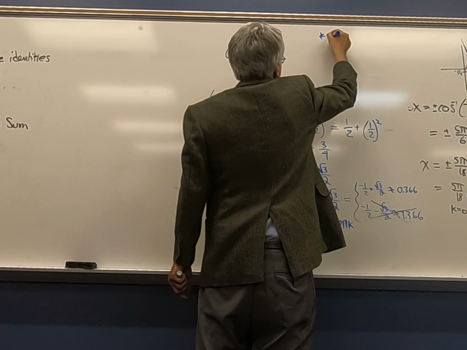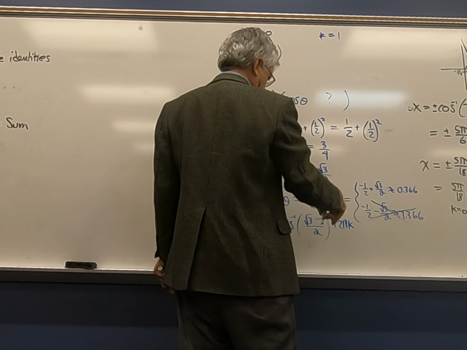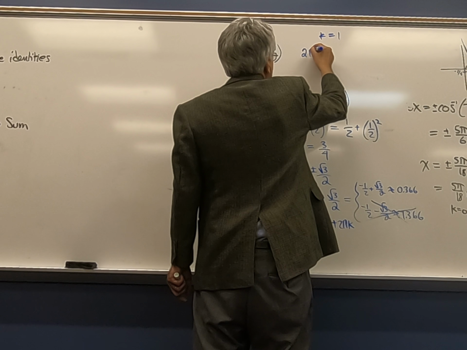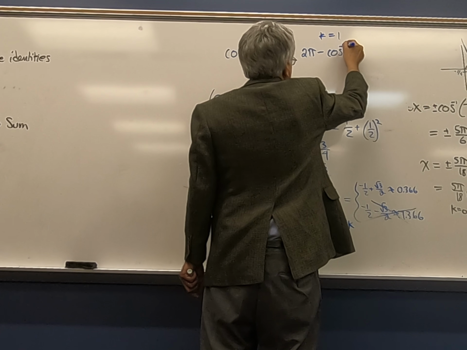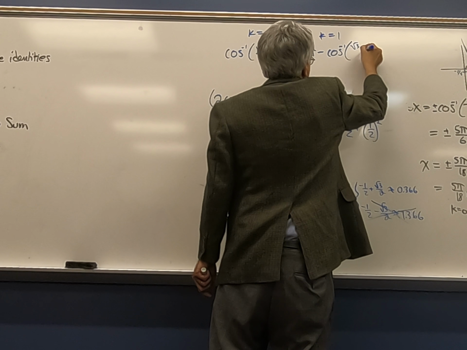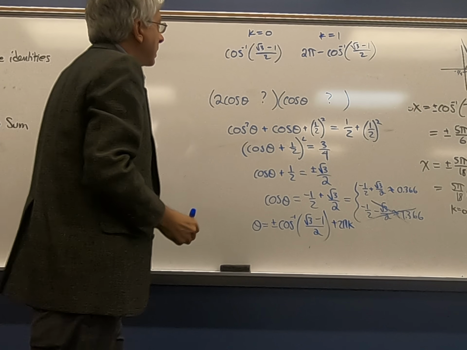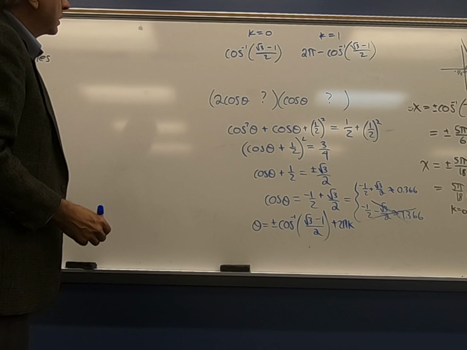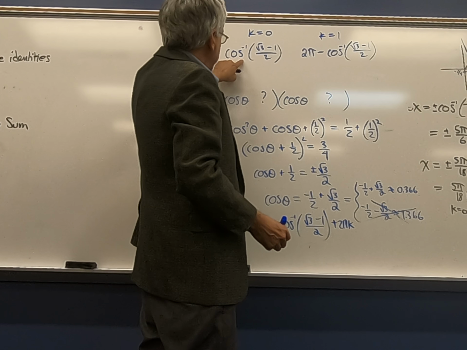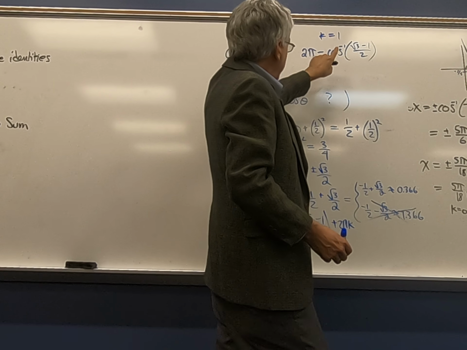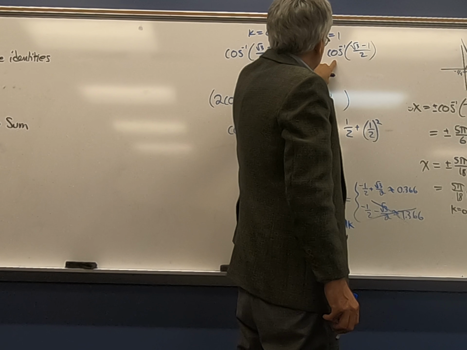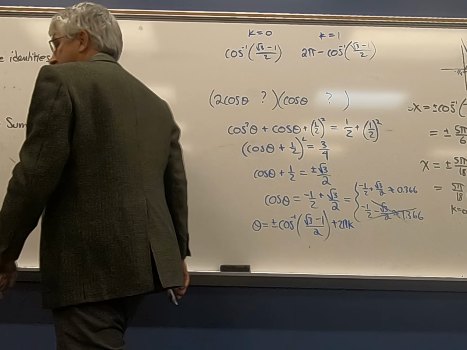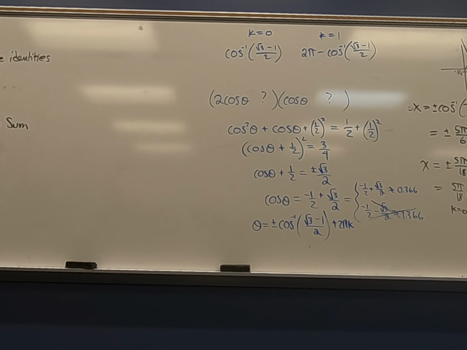And if k equals 1, we'd get another one, which is 2 pi minus the angle whose cosine is square root of 3 minus 1/2, right? This is going to be a positive number, because adding 2 pi to a negative number between 0 and pi will give us a positive number.